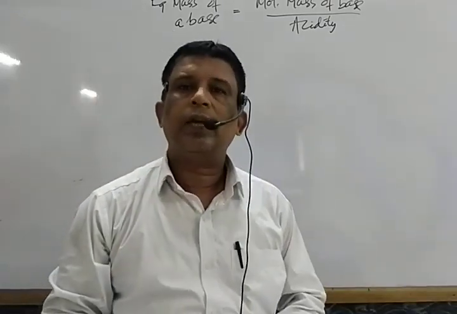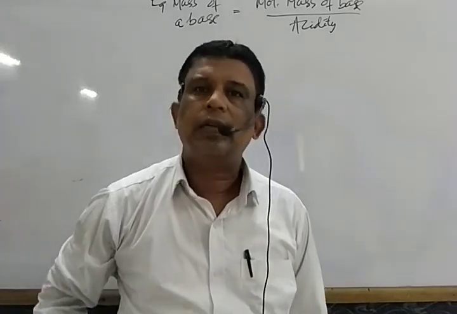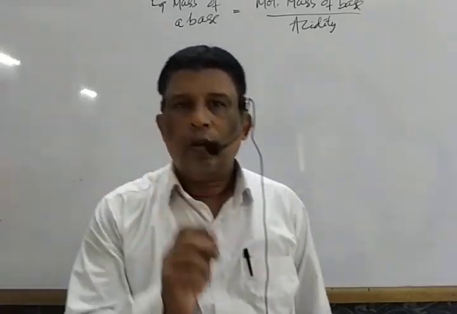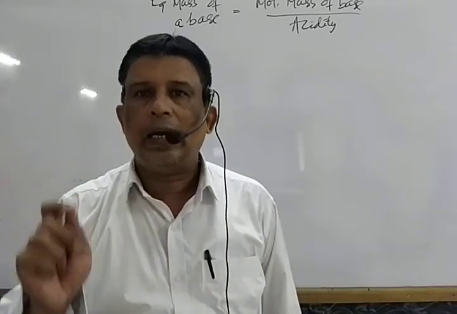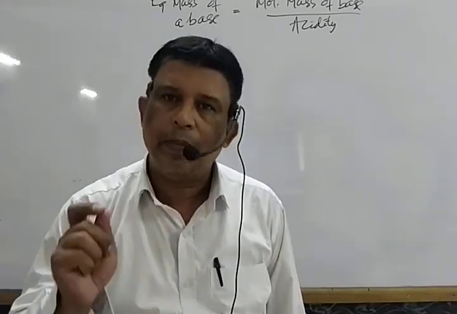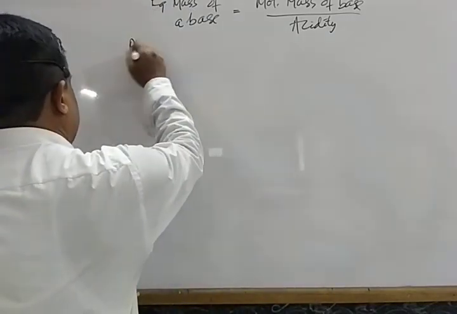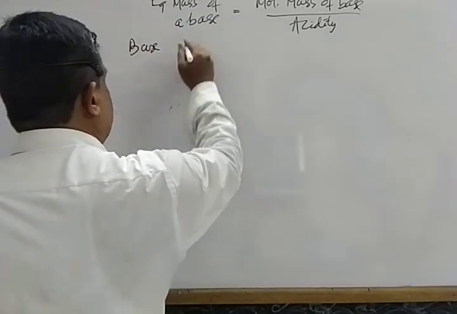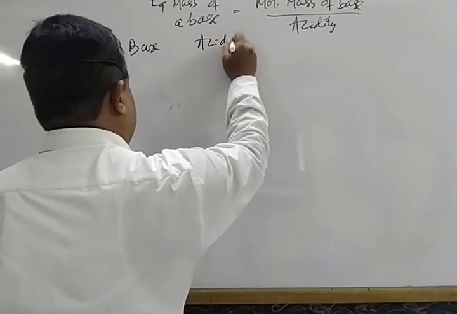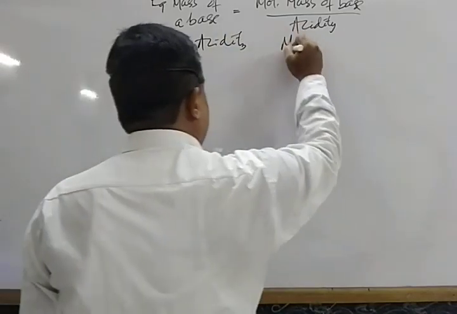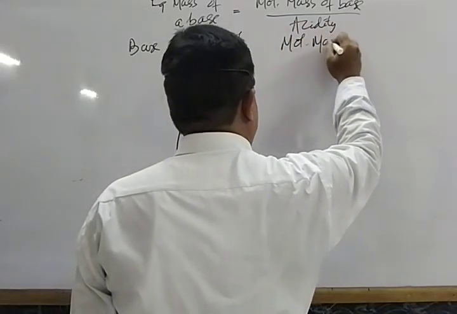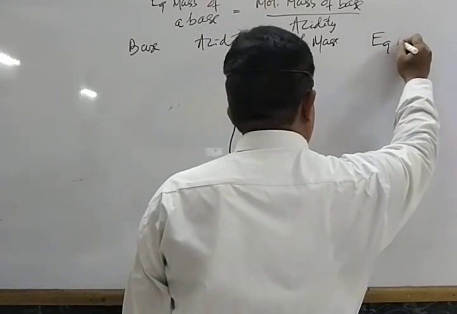So again, what do you mean by the term acidity? It is defined as the number of replaceable OH minus ions given by a base. Mark that. Some examples: base, acidity, molecular mass, next equivalent mass.